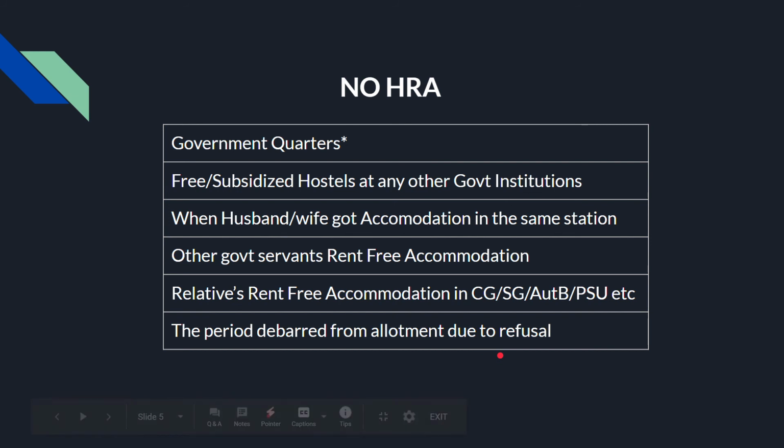Then, according to government quarters rules, you are debarred from applying again for a period of 1 year. In that case, HRA also will not be provided. Why? Because the government is ready to give you quarters, but you are not in a position to accept. So you are debarred from getting allotment and you are not getting HRA too.